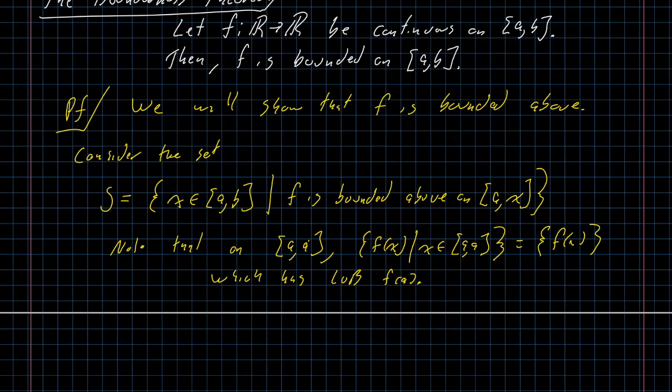Since f is continuous, we know that f of a exists and it has a finite value. So f of a will satisfy the need for a least upper bound. It is an upper bound on this set. It's also a lower bound, but we said we don't care about lower bounds for this part of the proof. But you could use the exact same logic going through and doing this again for lower bounds.